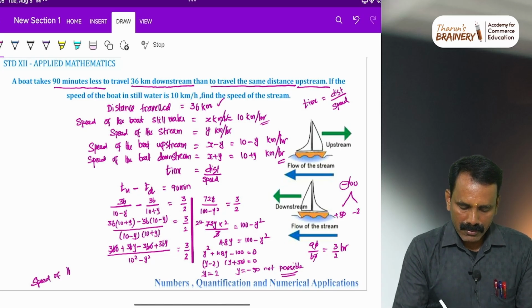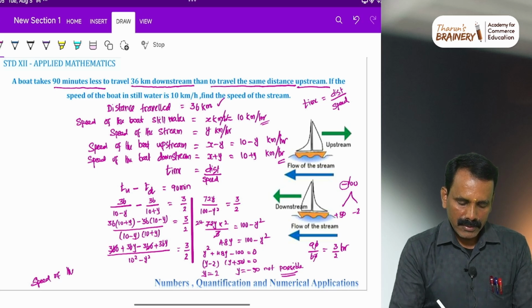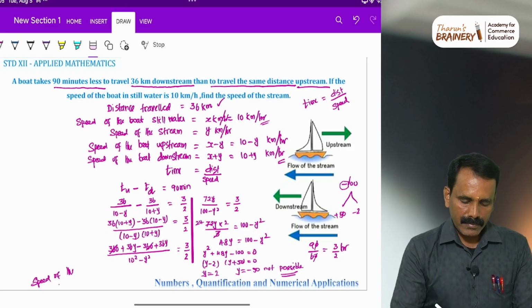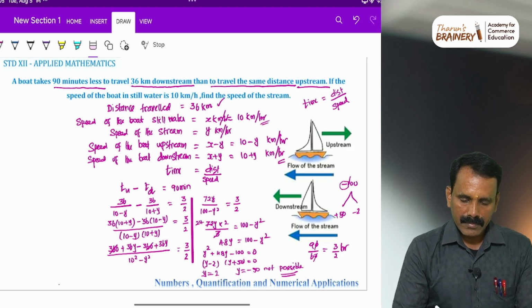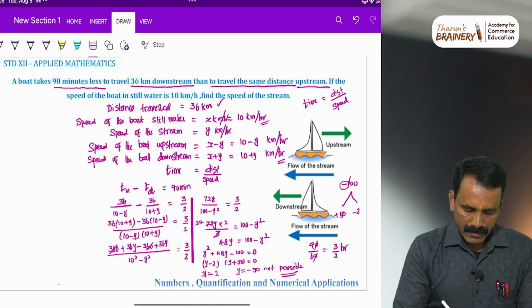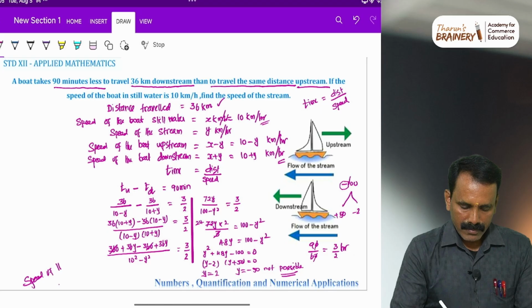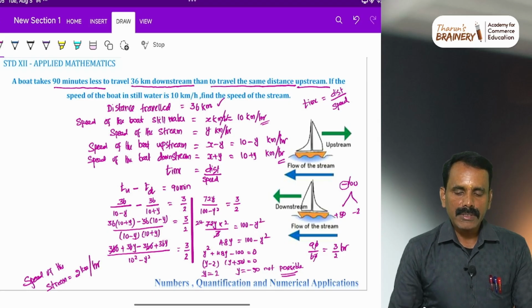So speed of the stream is 2 kilometer per hour.